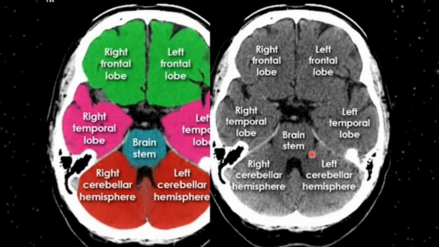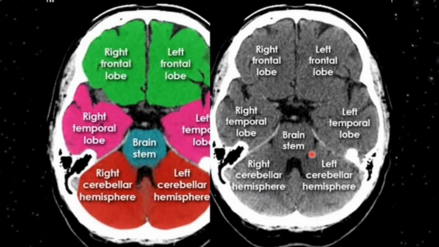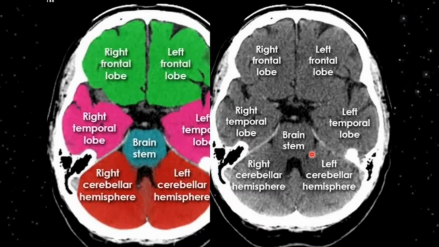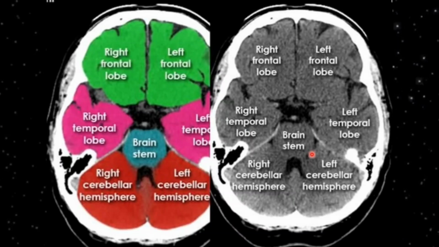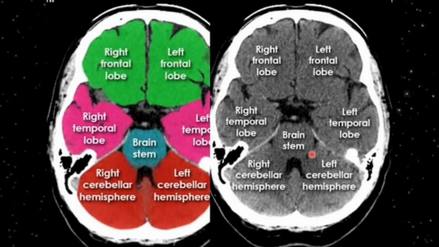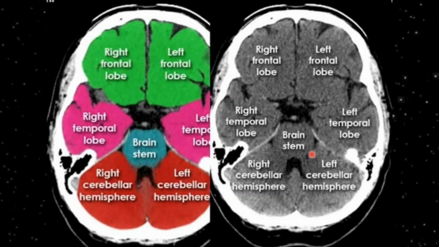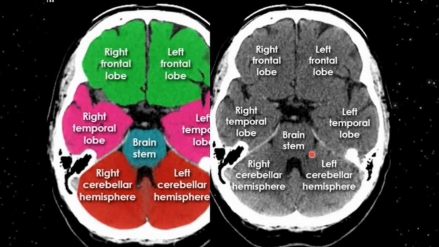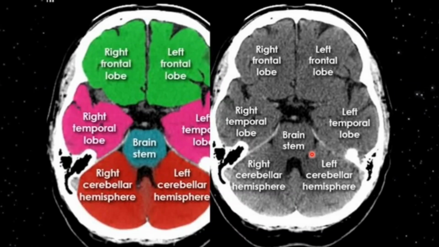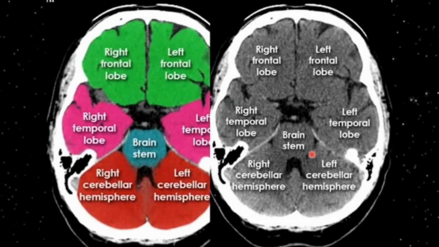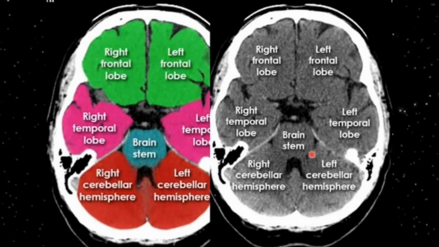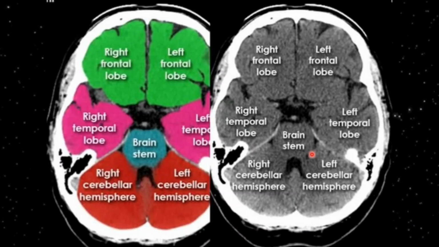As we move forward and upward, things start getting more complicated. Here in these two images you can appreciate two frontal lobes, the right frontal lobe and the left frontal lobe. Here you can appreciate the site of the sphenoid ridge, which divides the anterior cranial fossa and the middle cranial fossa. This is the line of demarcation between them, and the middle cranial fossa comprises the temporal lobe.